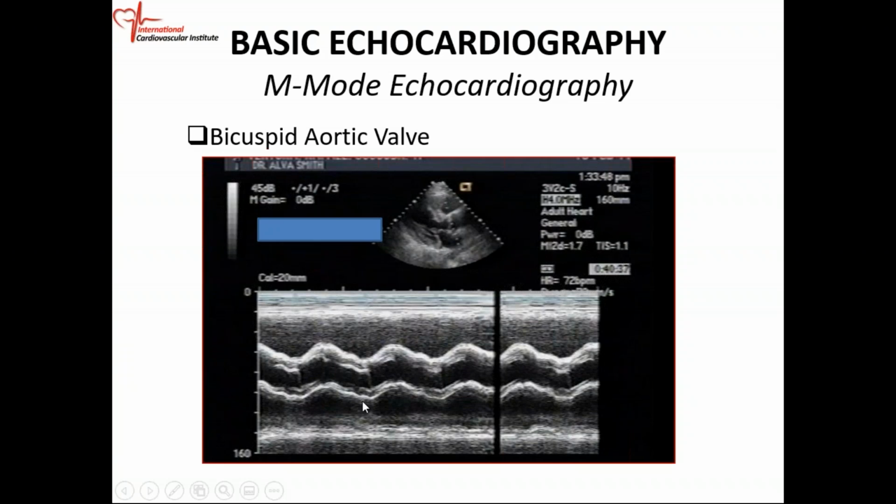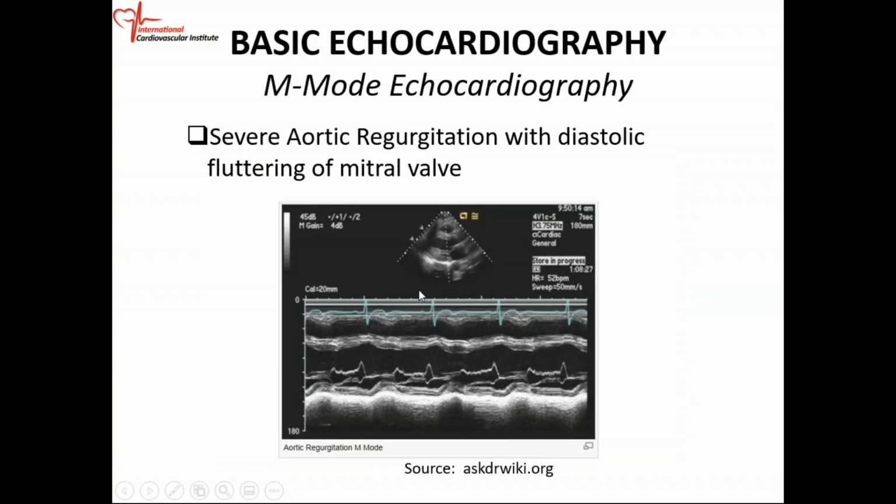They're going to make it obvious, and they're going to ask you the differential diagnosis, and you need to know that bicuspid aortic valve should be high in the list. Severe aortic regurgitation is another classic thing that they will bring.